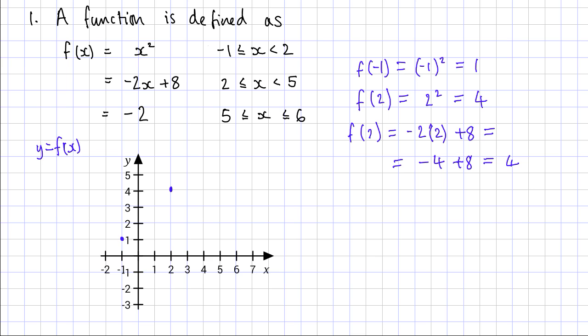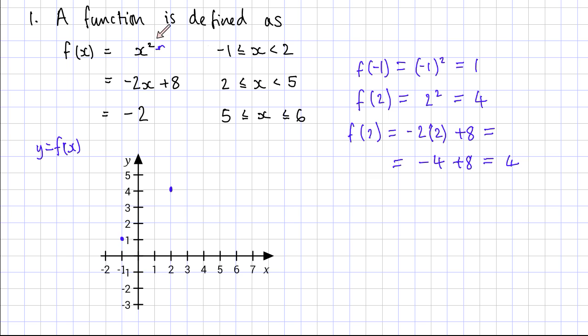Now for this first part, x squared, I can see that I've got 2 points here. Now I know the x squared graph won't be a line through there. So when I've got quadratics, I should be careful to see if my turning point actually lies between -1 and 2.